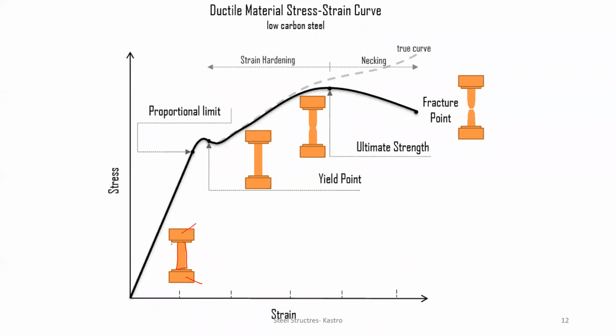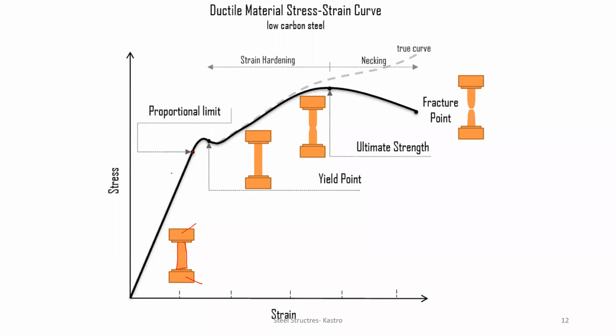So up to the limit of proportionality, even if you elongate the member and then remove the load, as soon as you remove the load, it regains its original position. That is what the limit of proportionality is. And then the next step is the yield point. Forget about upper yield and lower yield point, just directly take it as the yield point.